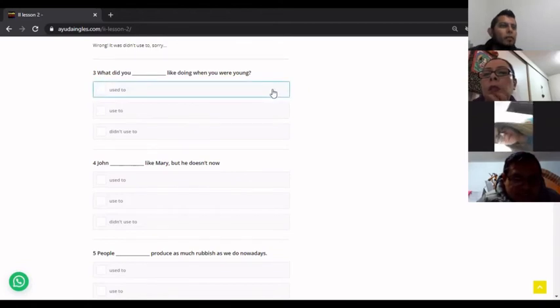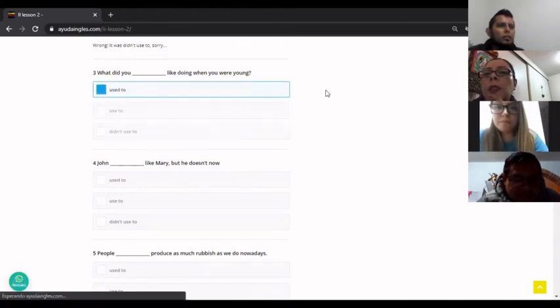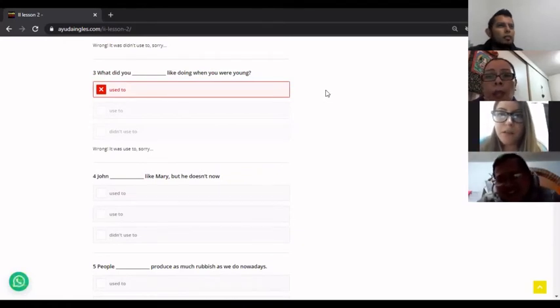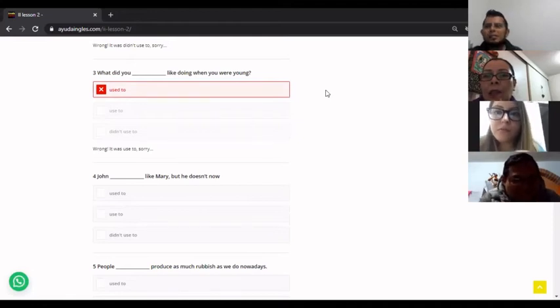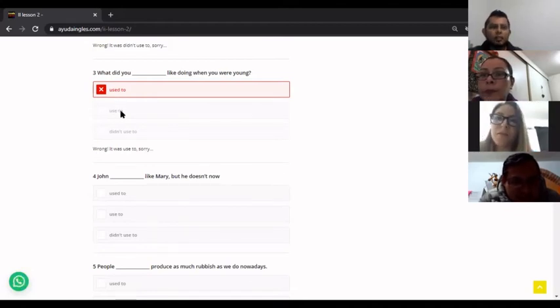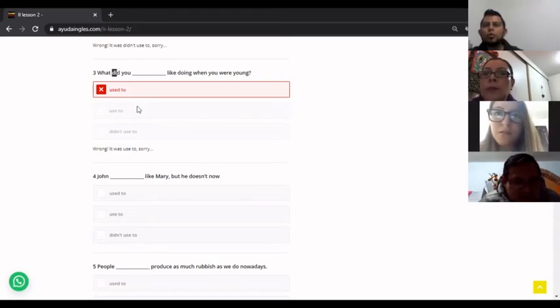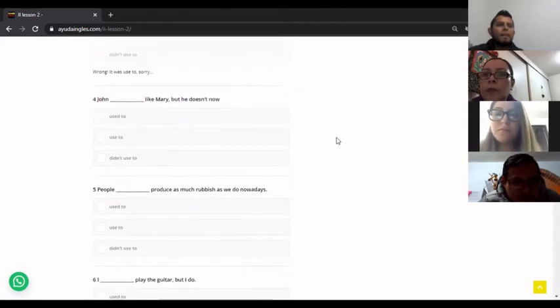What did you used to... No, why not? Because the verb is in past. Yes, the second is the correct one, because we have the auxiliary in the question, so we say use. Very good.